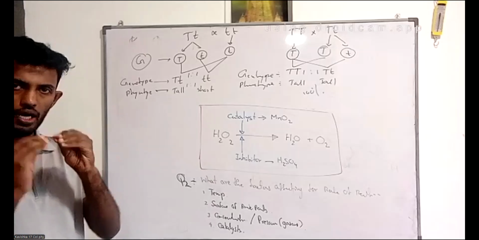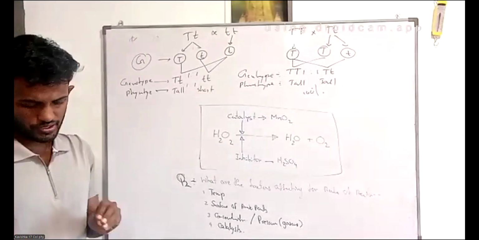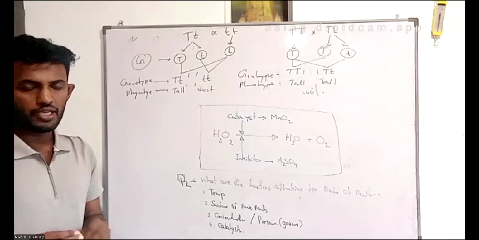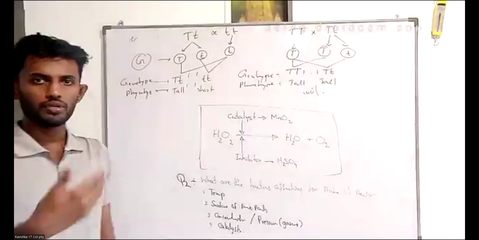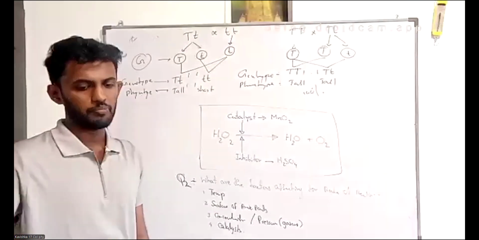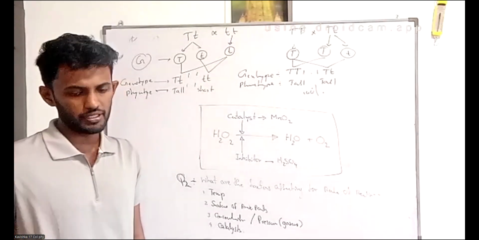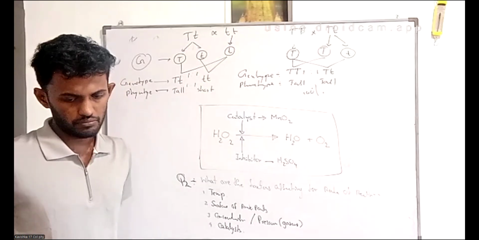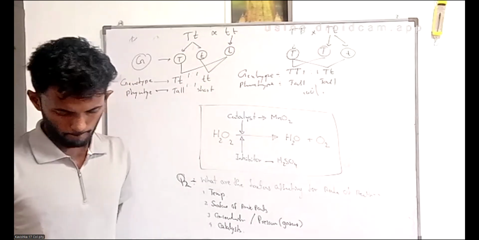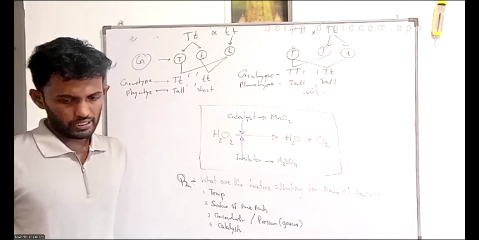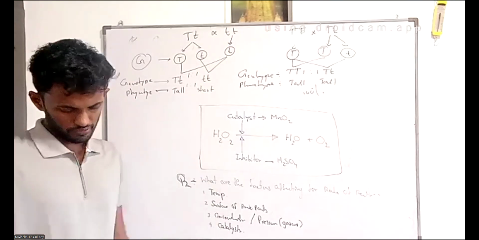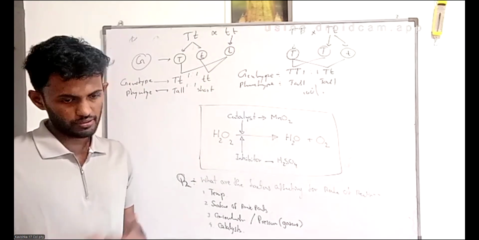Genotype means how those alleles are organized, and phenotype means how they are exposed to the outside world. What we can see is the phenotype. Quickly write and put a thumbs up because we are still on 8-7. Quickly move.